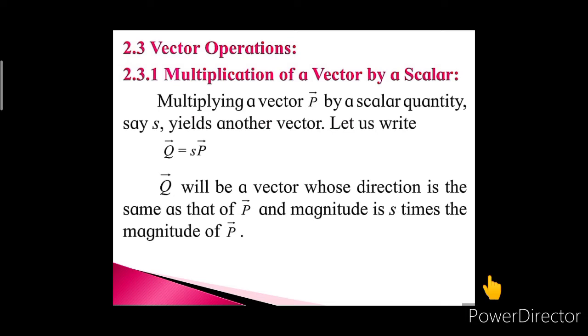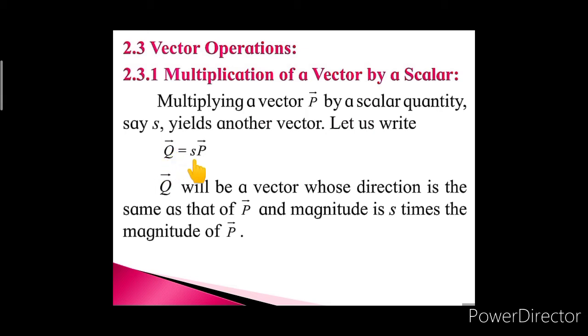We are considering a vector P which is to be multiplied with a scalar quantity S. So the multiplication of a vector quantity with a scalar quantity leads to another vector, and hence it is written as vector Q.